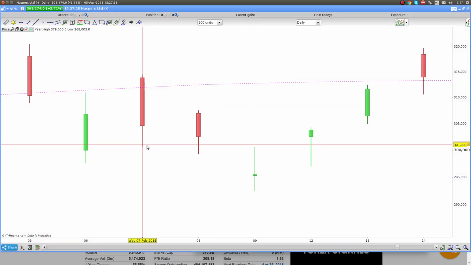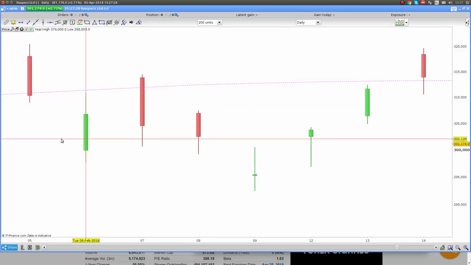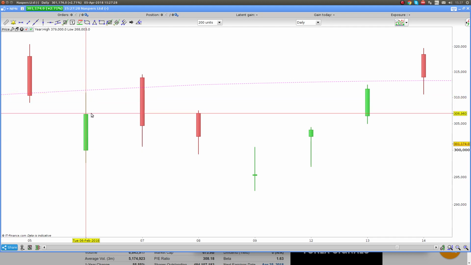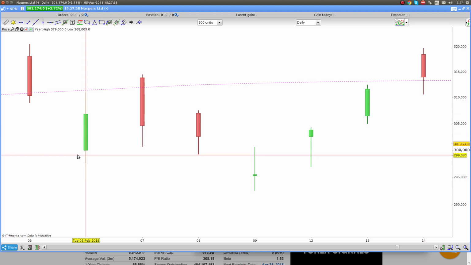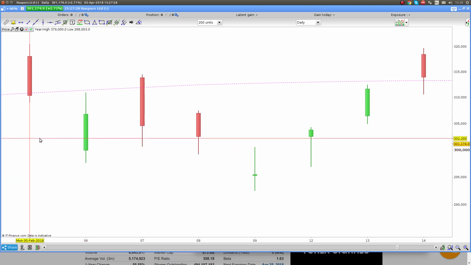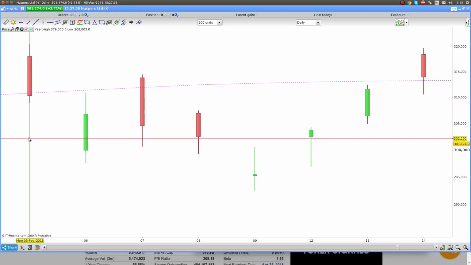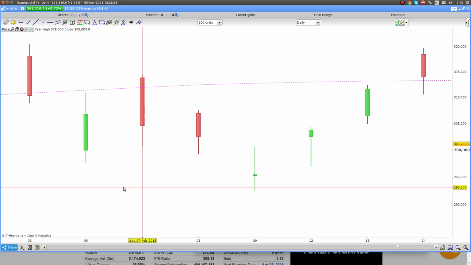Now, obviously the converse is true if it's green. If it's green, price opened here, and through the day it moved up to the upside, went all the way up there, came back, and then the close of the day, that was its closing price there. All it's really giving you is an indication of what direction the trade went in during the day, and whether there were any new highs or lows created, and that's the basis of what the candle is telling you.